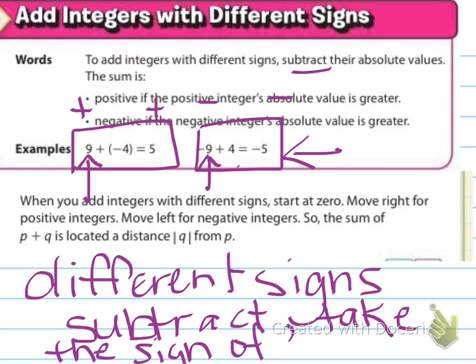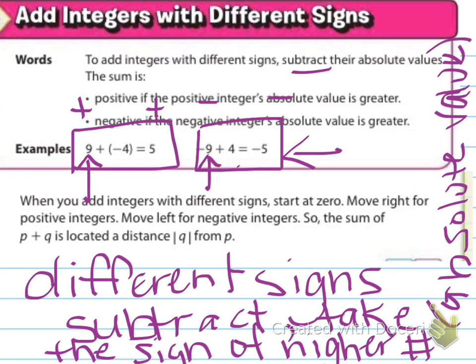Take the sign of, hold on, I got to sing this song for you now. Same signs add and keep, different signs subtract. Take the sign of the higher number absolute value. Your answer will be exact. Okay, maybe that'll work. So sign of the higher absolute value. Higher number, and then in parentheses, absolute value.